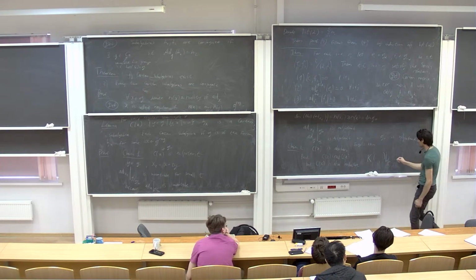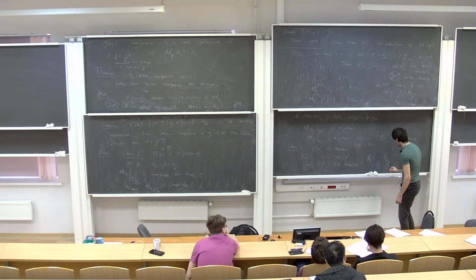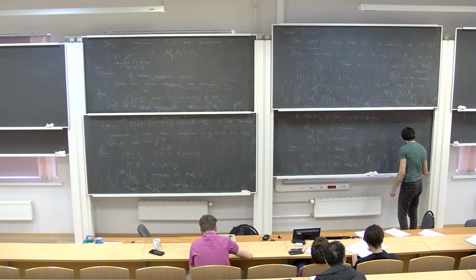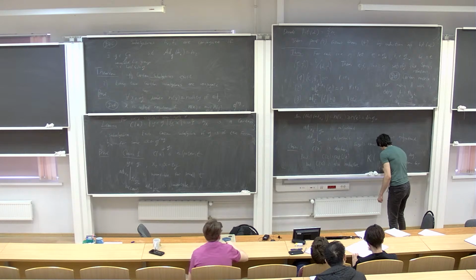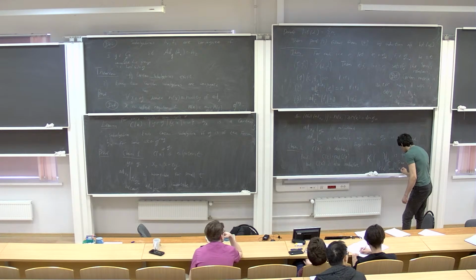So this is non-degenerate, and also it is the trace form for C of x with the representation of C of x module G.